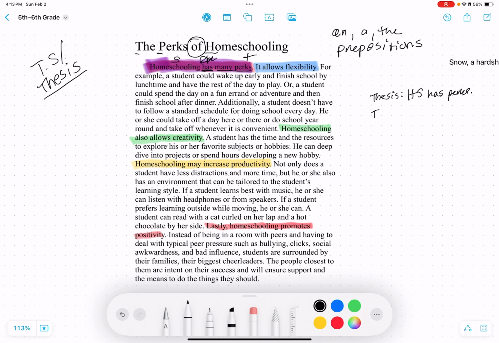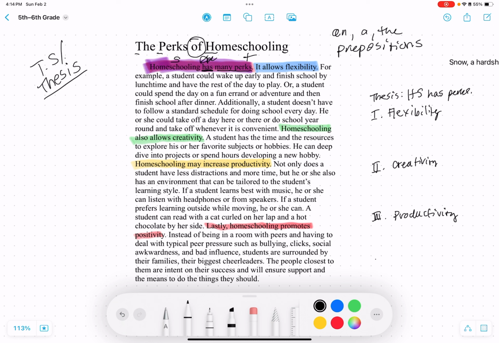Then my main point would be, if I were writing it in complete sentences, which I should, it would be it allows flexibility, but I'm going to shorten it here for sake of space. Okay, my second point would be it allows for creativity. My third point is it increases productivity.